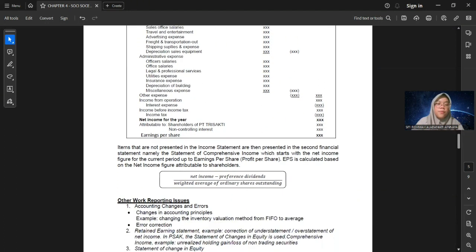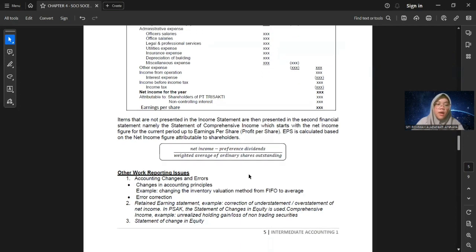Okay, other reporting issues. Accounting change and error. Change in accounting principle, for example, a change in the inventory valuation method from FIFO to average.